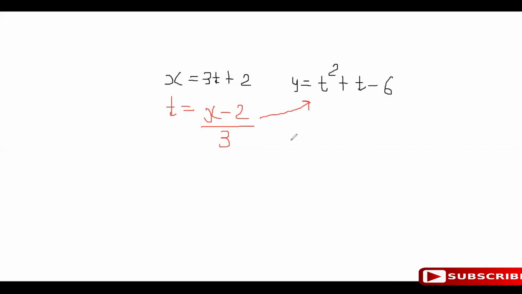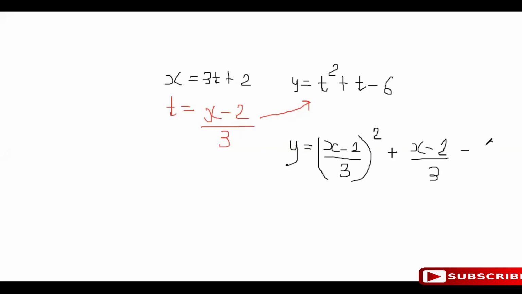So y is equal to x minus 2 over 3 all squared, plus x minus 2 over 3, because that is t, minus 6. That's what y is equal to.